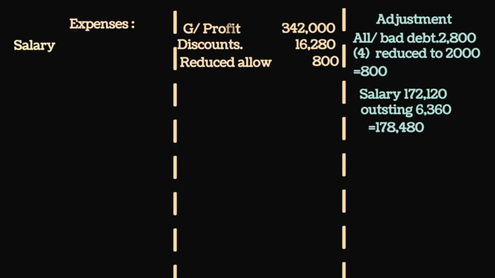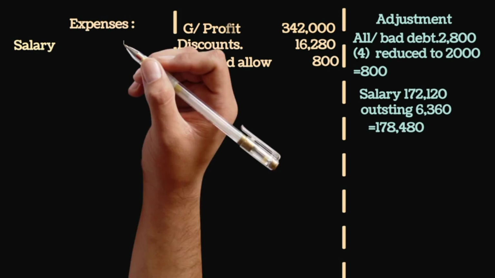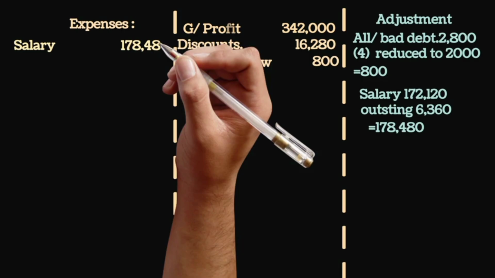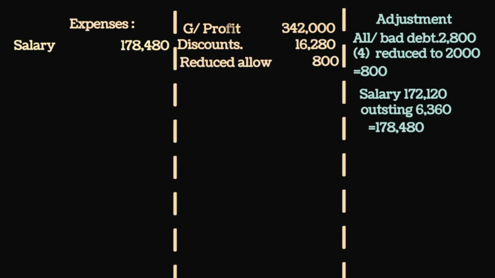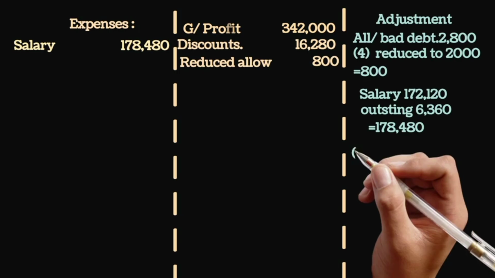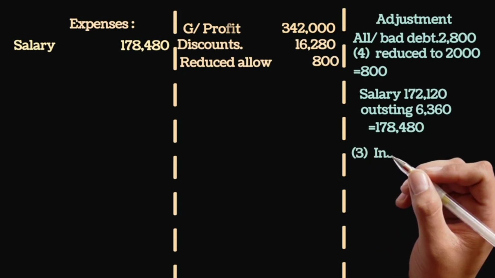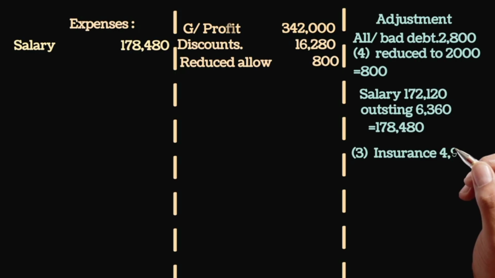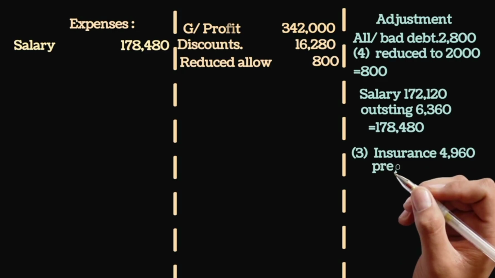So the salary for the period will become 172,120 plus 6,360, and that will give us 178,480. Salary is 178,480 because of the outstanding salary of 6,360.